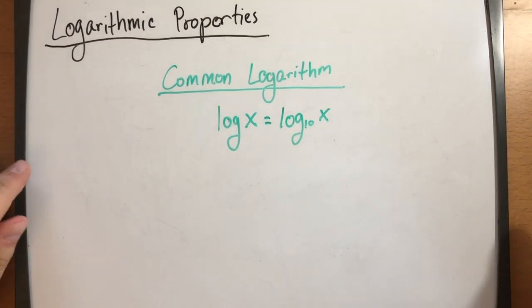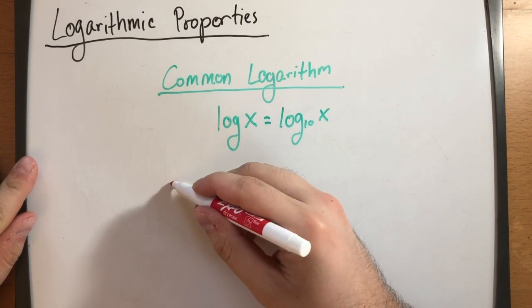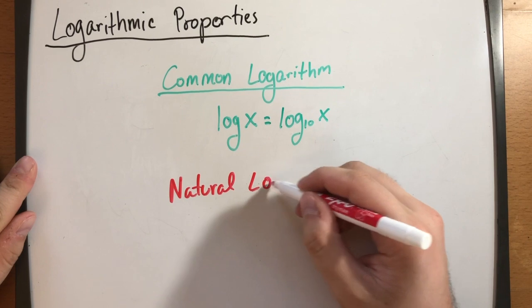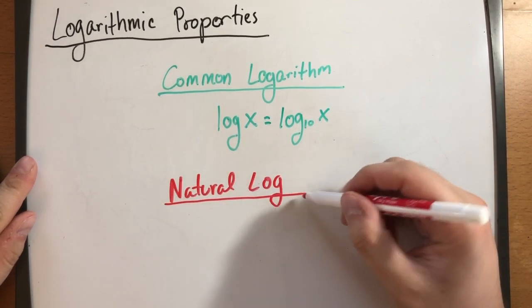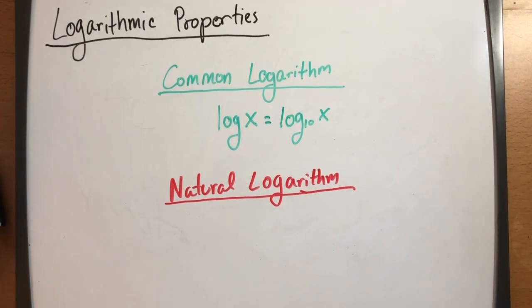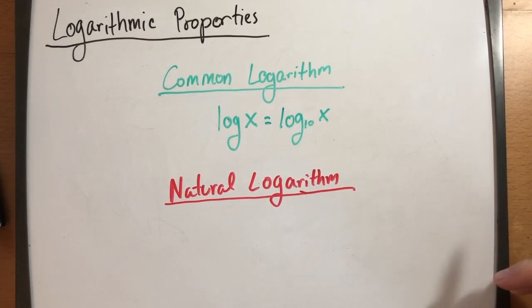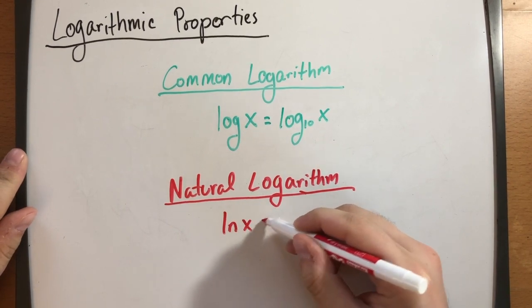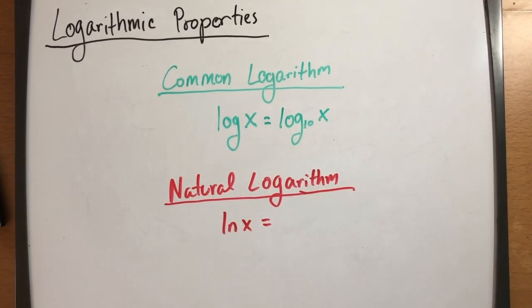The other type of log that we use is called the natural log. Now this notation, again, you have seen this in your calculator, and you probably have been wondering what in the world this means. But this is ln. If you see ln, this is a very special notation.